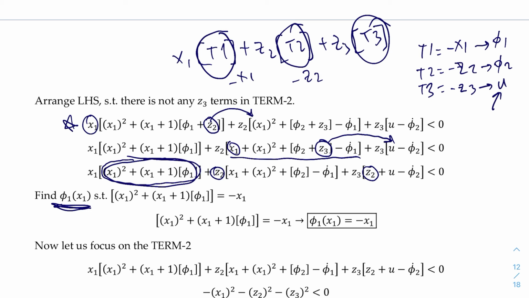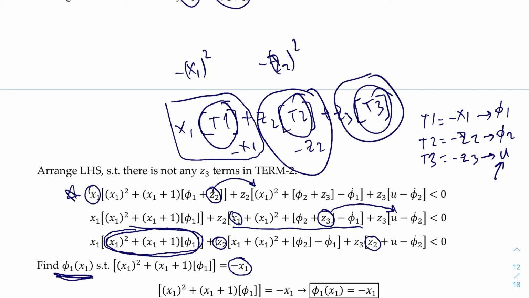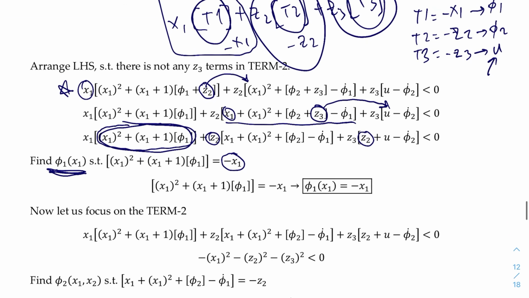Here, this is term 1, and term 1 should be equal to minus x1, because if you multiply x1 and minus x1, you would have minus x1 squared, and again minus z2 squared, and minus z3 squared, and we know that it is guaranteed to be negative definite.